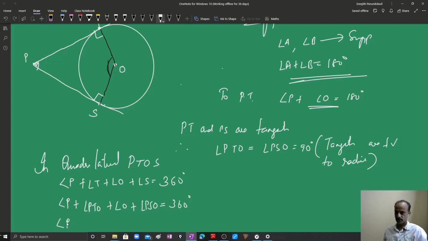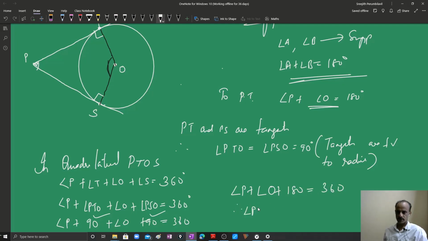So angle P plus 90 given, plus angle O plus 90 given, is equal to 360. So angle P plus angle O plus 180 is equal to 360.